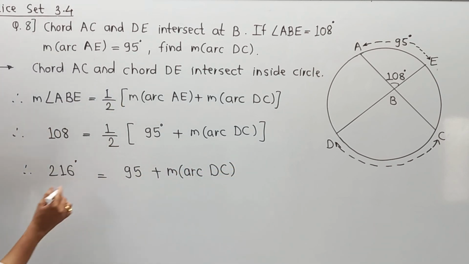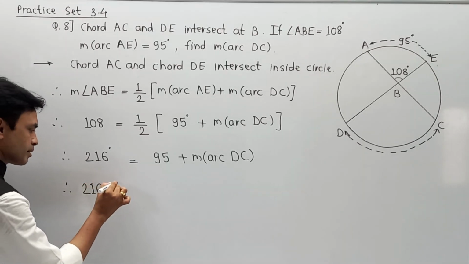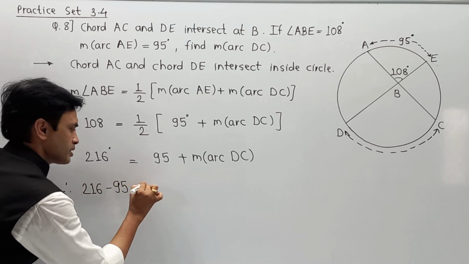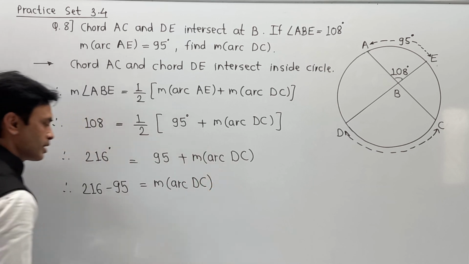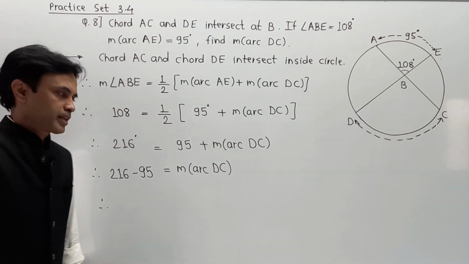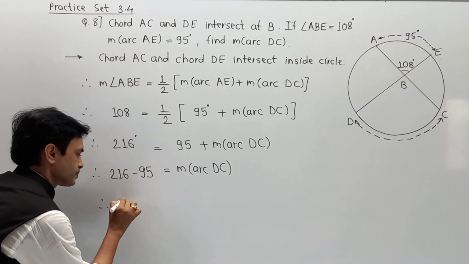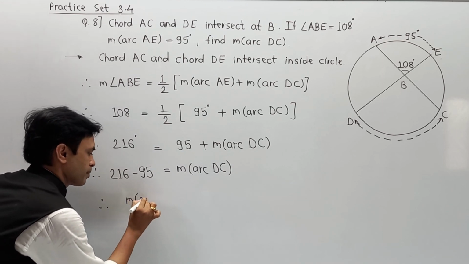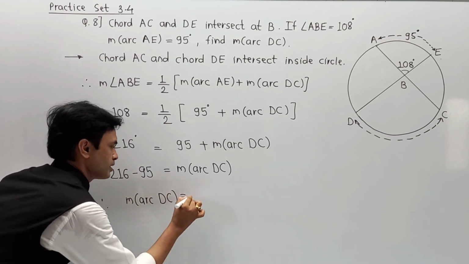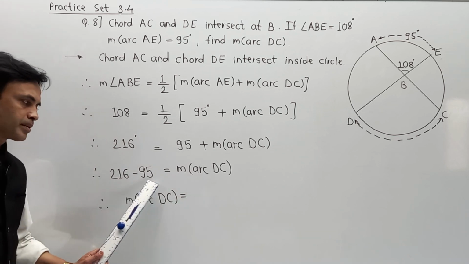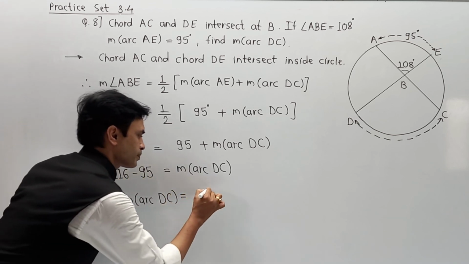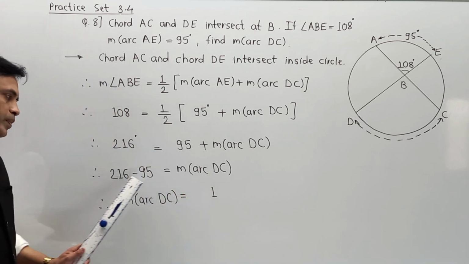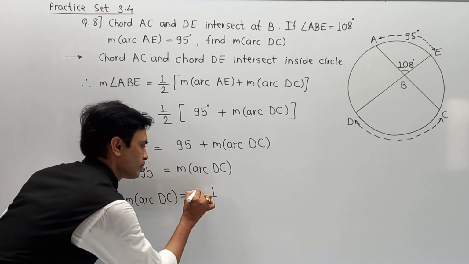Now shifting this 95 over here, 216 minus 95 is equal to major arc DC. Therefore, major arc DC is equal to 216 minus 95. 6 minus 5 becomes 1, and 21 minus 9 becomes 12.